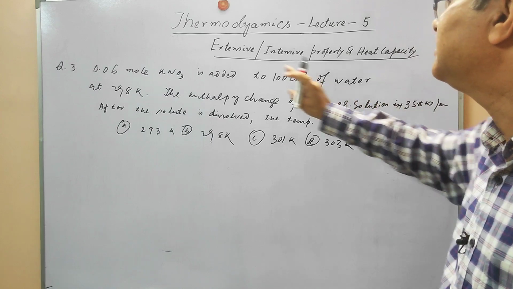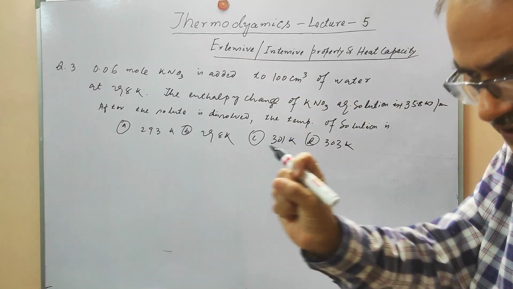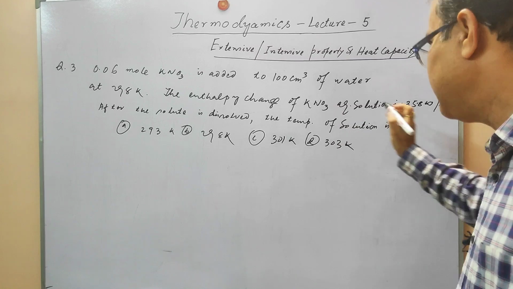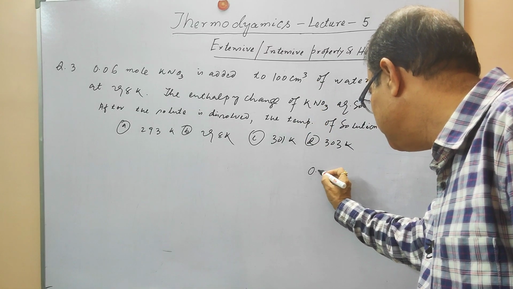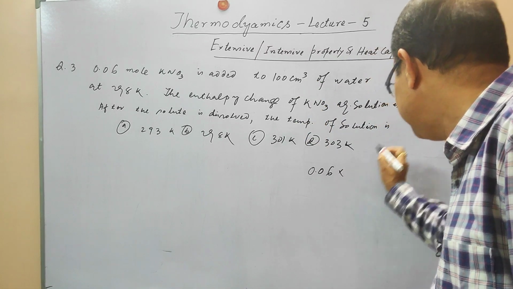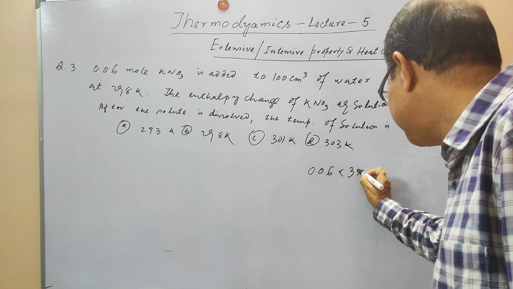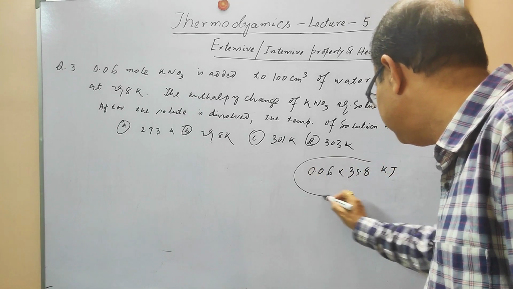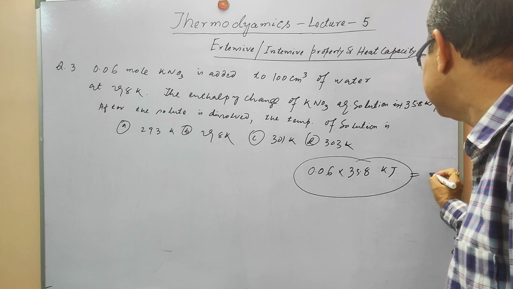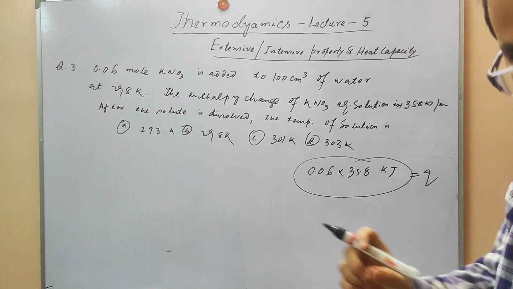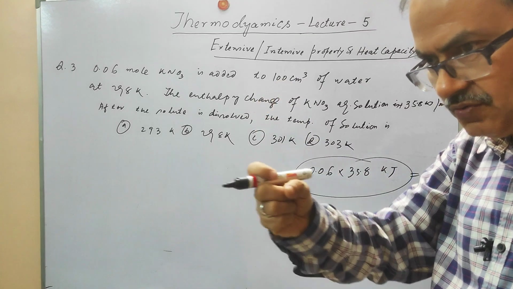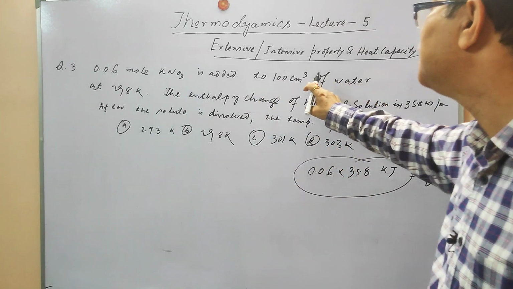So first you have to see how much heat is absorbed from the water. That you can see from 0.06 mole into 35.8. This will be the number of kilojoules of heat that has been taken up, and it is taken up from this water.